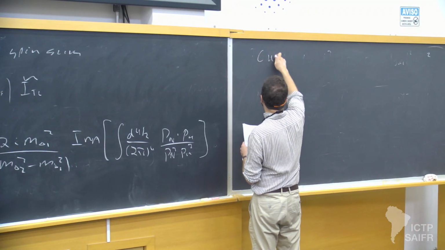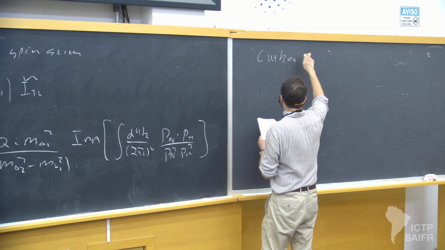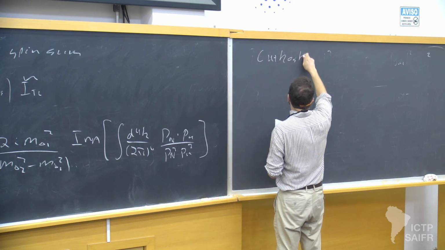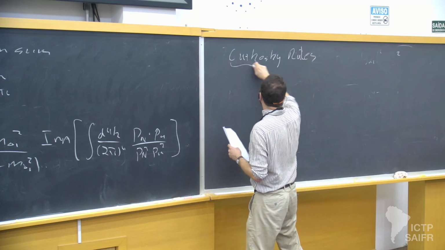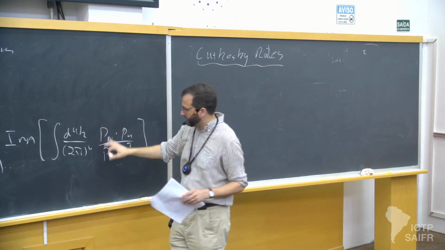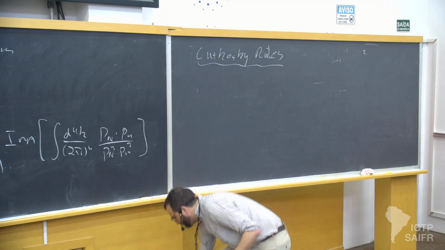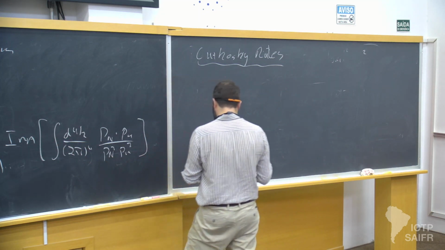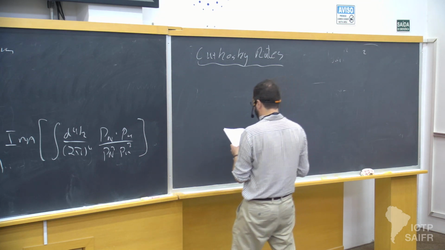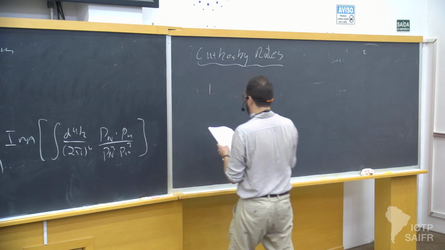Okay, and now we can do a trick. We can use the so-called Cutkosky rules. So instead of evaluating this full integral here, because we're only interested in the imaginary part, we can apply these rules. It's an algorithm.